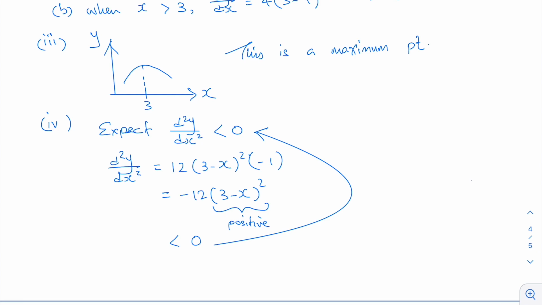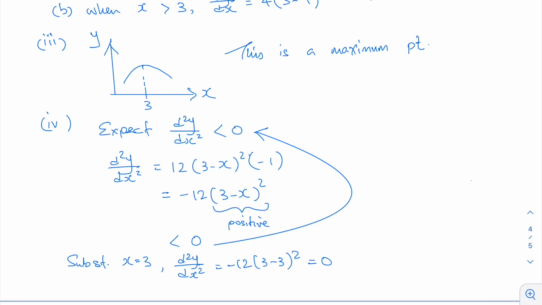But when we substitute x equals 3, we get d²y/dx² equal to 3 minus 3 squared, which is 0. When the second derivative is 0, it doesn't really tell us anything much. It could be an inflection point, it could be maximum, it could be minimum.